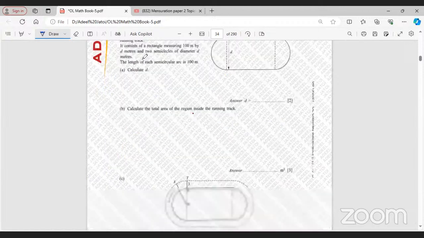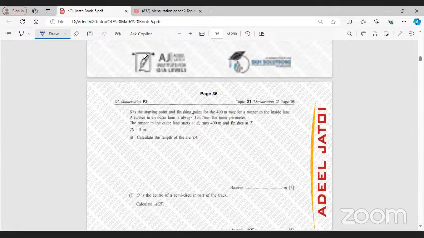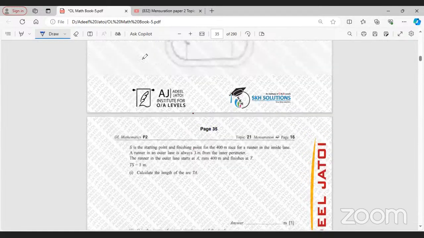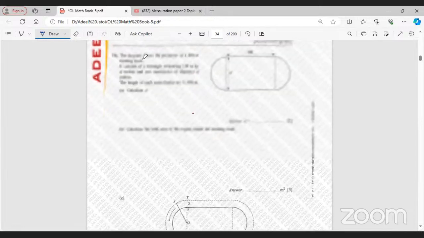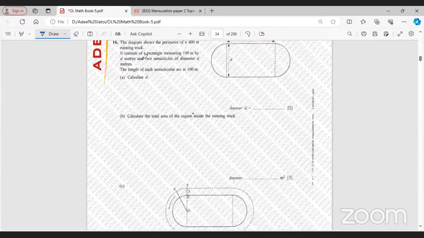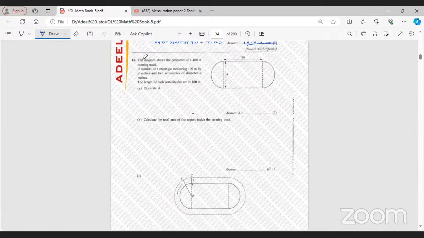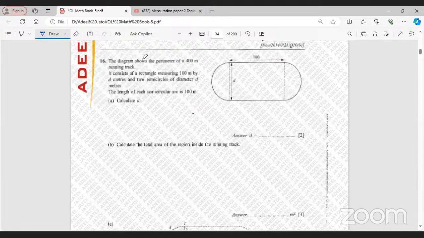So let's just start off with question number 16 as well. Start attempting question number 16 so that you know how much you are able to solve this question. So question number 16, attempt part A and part B first.